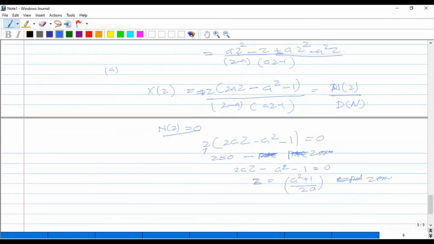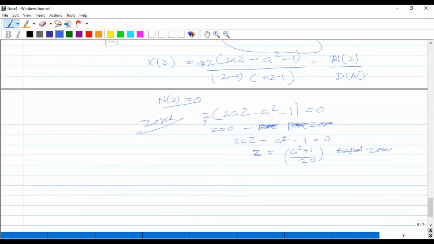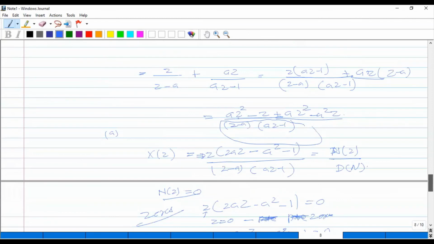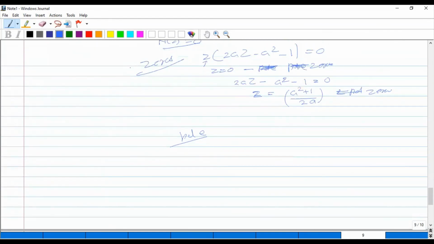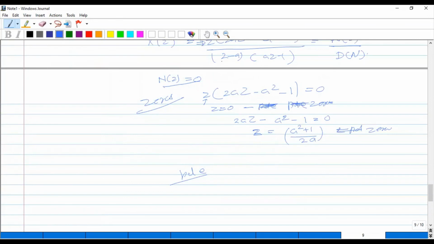So what about poles? To find the poles, we have to equate the denominator to 0. So Z minus A times A Z minus 1.